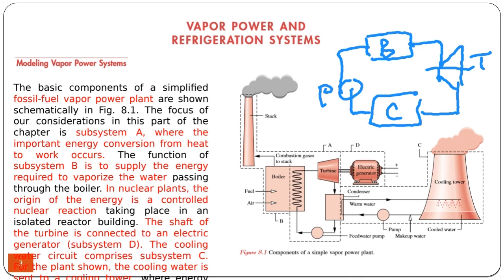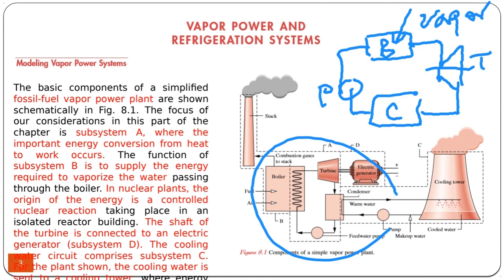And this one also has the same thing. In the boiler, we add heat by combusting some fuel. It could be a nuclear power plant, so it could be the reactor of the nuclear power plant. But in any case, as we add heat here, water becomes vapor, right? It vaporizes.